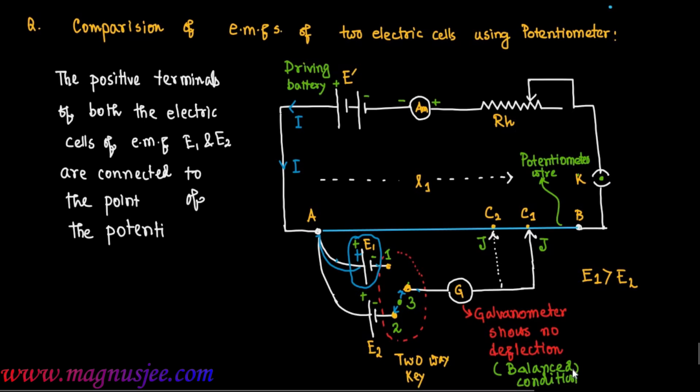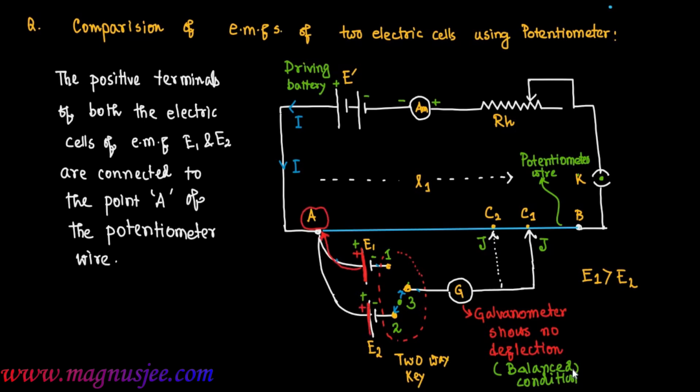The positive terminal of the cell of E.m.f. E1 and the positive terminal of cell E2 are connected to the point A of the potentiometer wire.